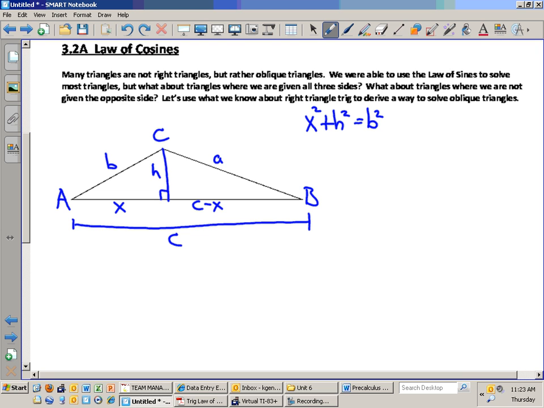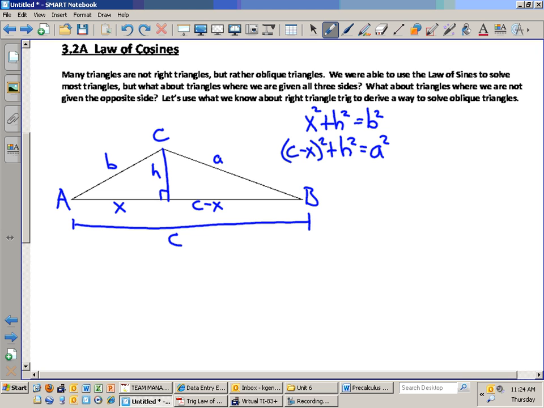What do you think? Why? Pythagorean theorem, right triangle. I'll write down another one. c minus x quantity squared plus h squared is equal to a squared.